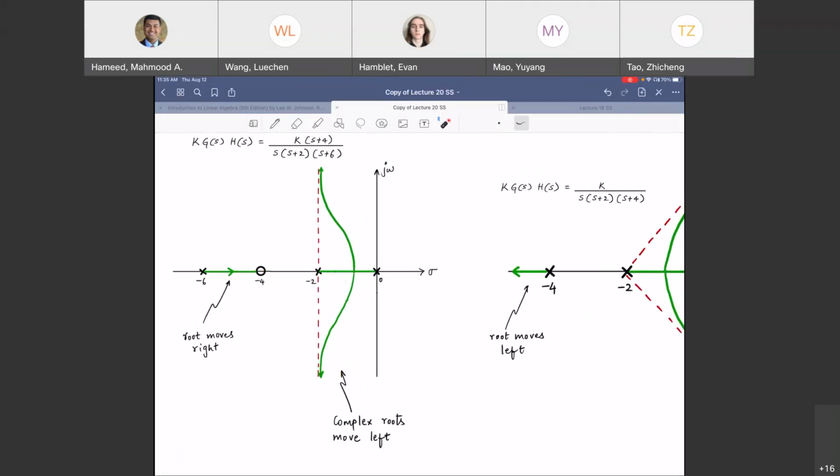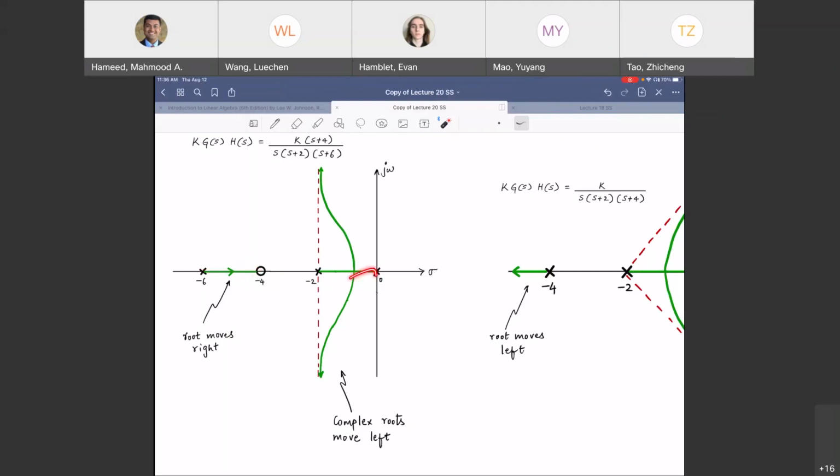As you increase k, if one pole is moving right, the other will move left. But if you have complex conjugates, then you need 2 of them to balance out one real pole. For example, over here you see a root locus where one pole moves right.